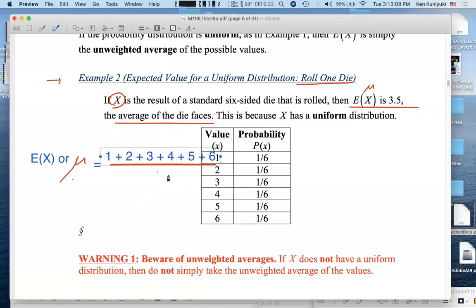And we divide all of that by 6, the number of values. So when you take the straight up average of these 6 values, the integers from 1 to 6, you end up with 3.5, which makes sense because you look at these integers from 1 through 6, 3.5 seems to be right smack dab in the middle. So it makes sense that the straight average is 3.5.